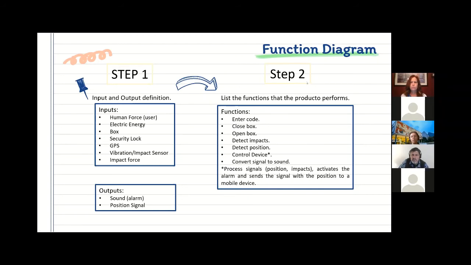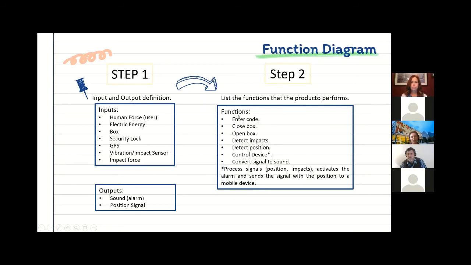Then in the second step, we list the functions that the product performs. So it is like the functions that we perform inside our magic hat. And we have that some of the functions are enter code, close box, open box, detect impacts, detect position, control device, convert signal to sound, process, and for example, in the control device, we have that it processes the signals, it activates the alarm and sends the signal with the position to a mobile device.